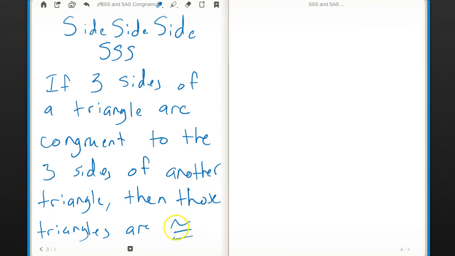And that's the congruent symbol. So if three sides of a triangle are congruent to the three sides of another triangle, then those triangles are congruent.